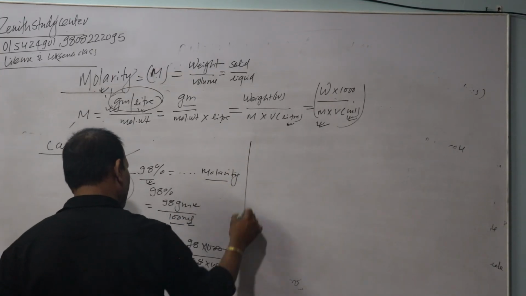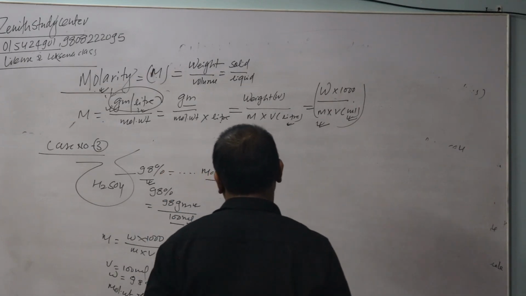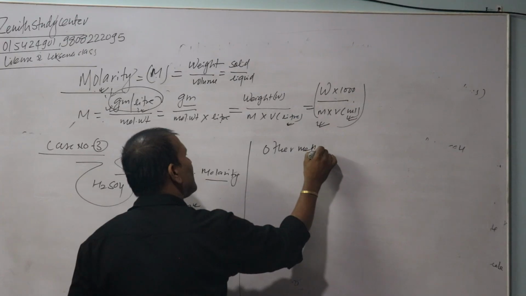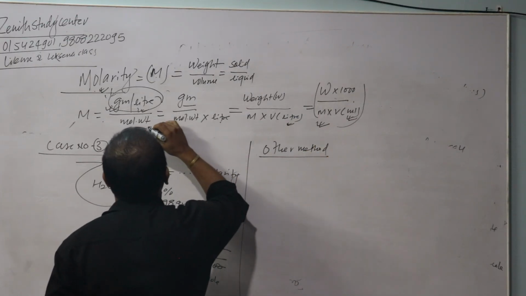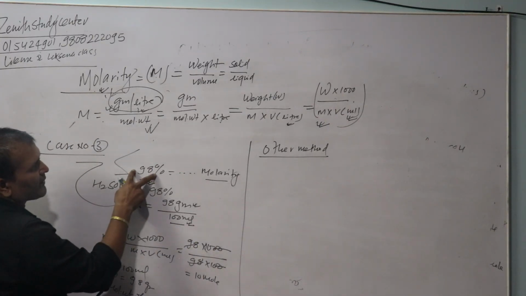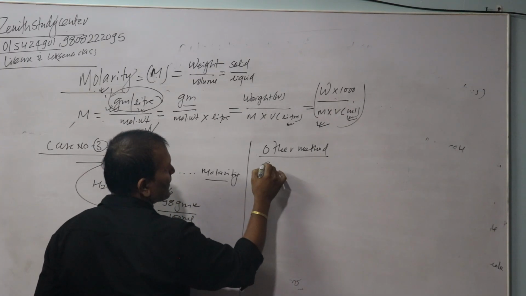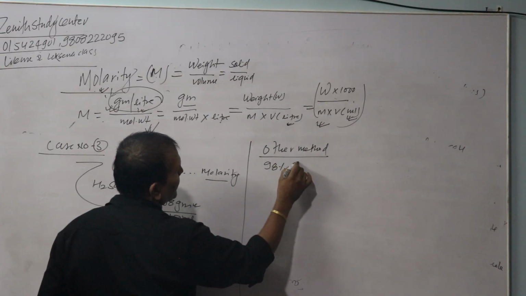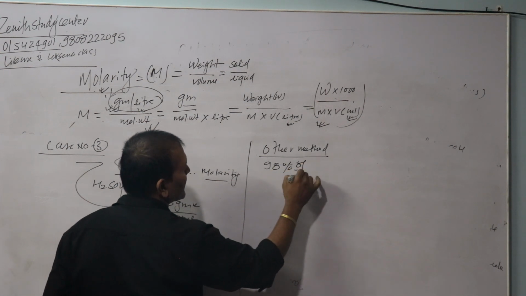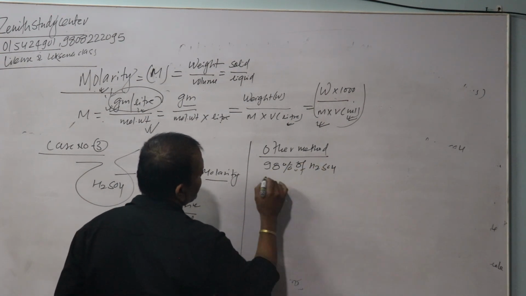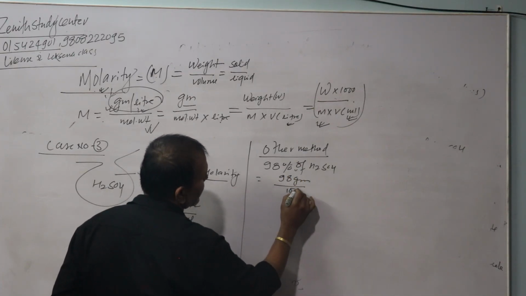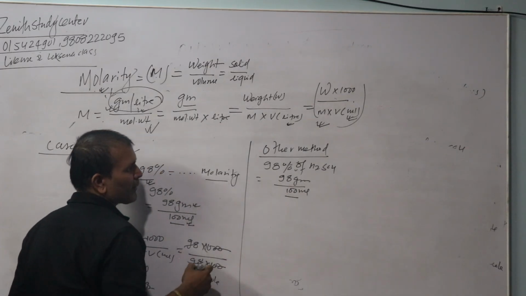Or another method: you can use the gram per liter formula. Here given is 98%. What is the meaning of 98% of H2SO4? It means 98 gram in 100 ml. So it should be converted to gram per liter.